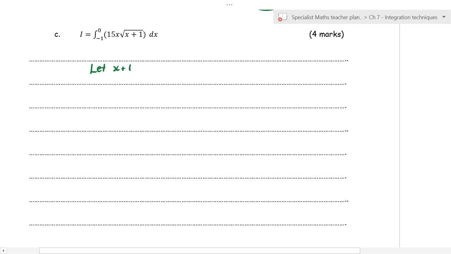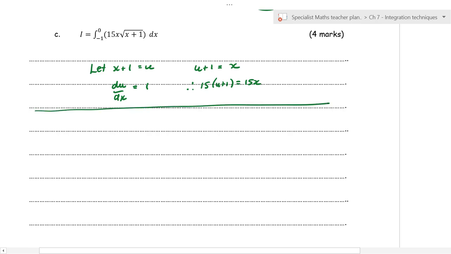Let x plus 1 equal u. Du dx. Oh, no. Oh, I don't know about this. Oh, this might be a linear substitution. Because if I have u plus 1, doesn't that equal x? So therefore, wouldn't 15 times u plus 1 equal 15x? Is that right? Yeah? So this is a linear substitution.